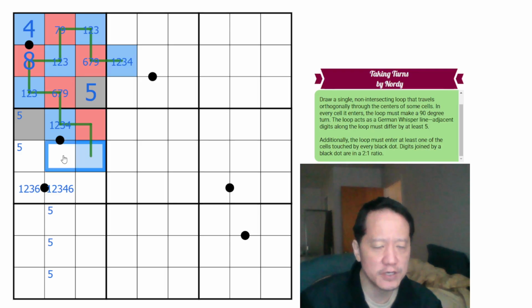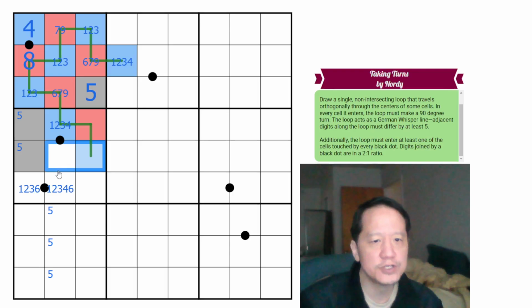If it enters here, it can never get to here, right? Because it has to turn 90 degrees every time. So then it could enter here, then here, then here. But it can't enter back here because it would have to go straight that way. So they cannot enter here either.